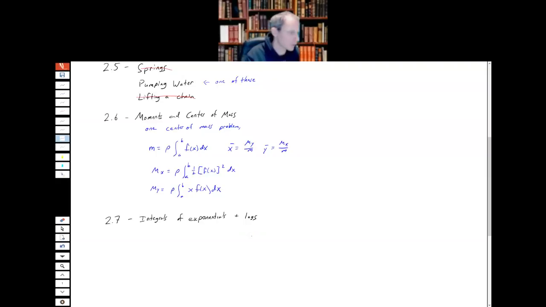Instead, you'll get an application question from 2.8 and then have to do something with that, where you might have to involve a derivative or an integral.